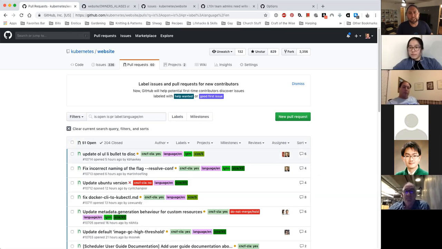The credit for that goes to Junyi and Claudia for helping us understand the specific challenges that they were facing with internationalization, and also to Zach Arnold for having the idea to add and automate label application.